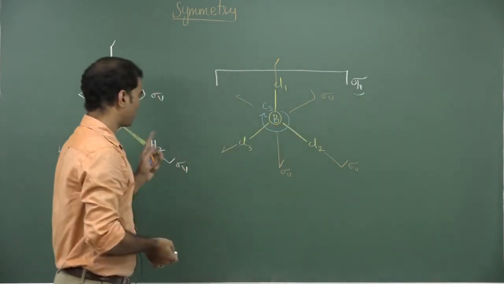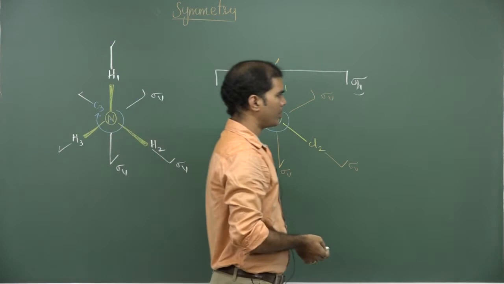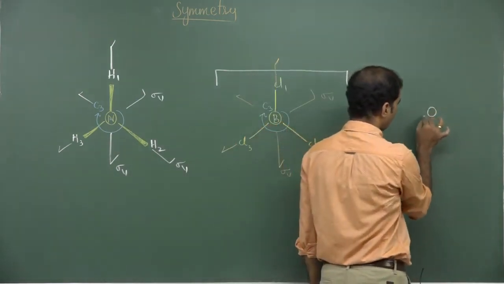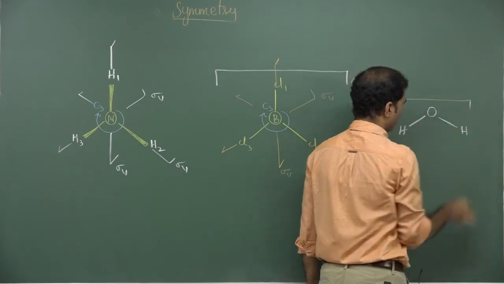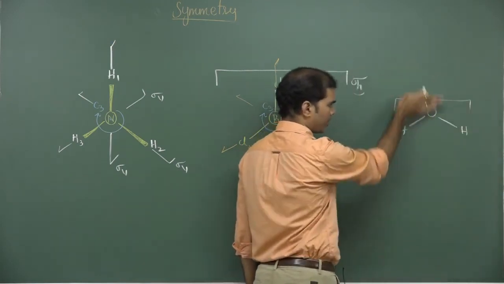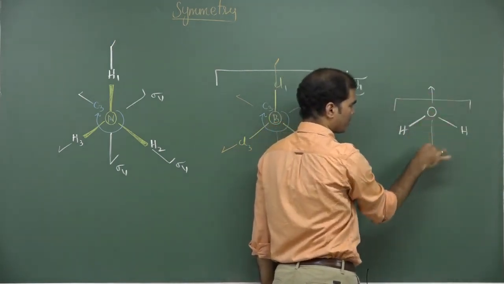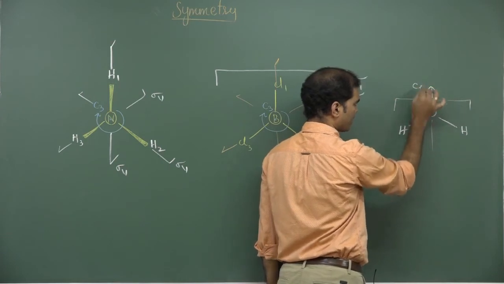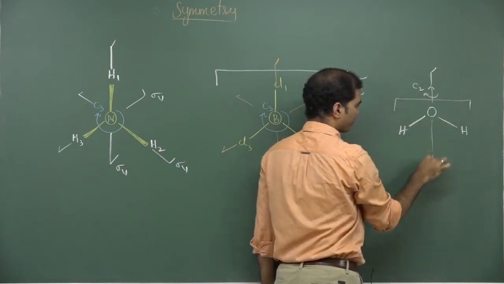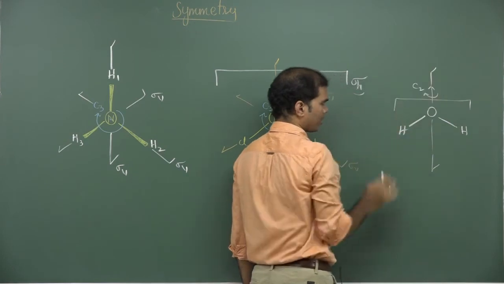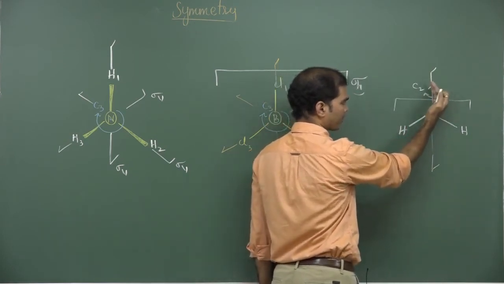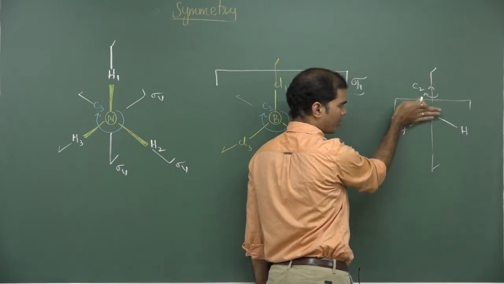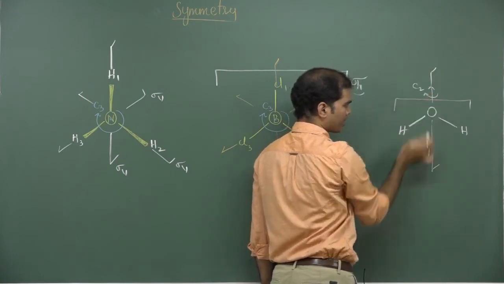In the case of water molecule, what is the molecular plane? This is the molecular plane. That molecular plane was also a sigma V. This is your rotational axis. This is one plane, a second plane. First plane is parallel to the principal axis. Second plane, which is a molecular plane, is also parallel to the principal axis.